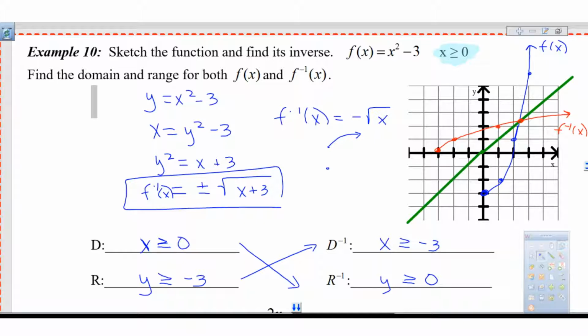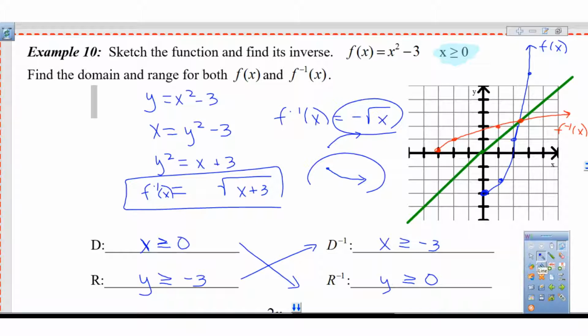I mean, that better be second nature. Is this a reflection across X or Y? It's X. So your graph would look like that. Does my inverse graph, which is red, look like that? No. So I know it's not the plus or minus. That's one way to think about it.